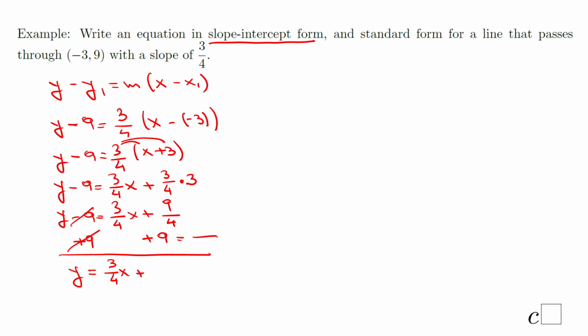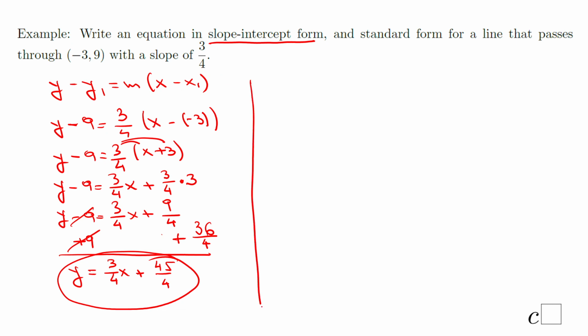So I'm going to write a 4 down here, and I'm going to do 9 times 4, that is 36. 36 over 4 is the same thing as 9. So I'm going to add this 36 over 4 plus 9 over 4, that will be 45 over 4. This is the equation of this line in slope-intercept form.